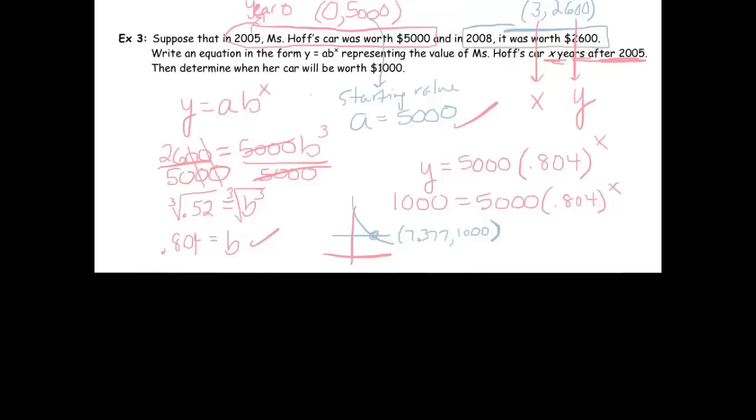And I'm going to answer the question now, when will the car be worth $1,000? So this represents the time in years. So it's 7 point something years since the starting point. So since 2005. So 7 years from 2005 would be 2012. So I'm going to write a sentence that answers that question.